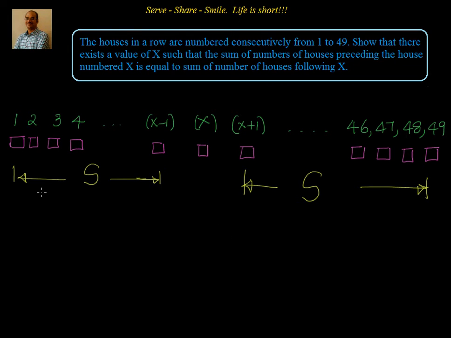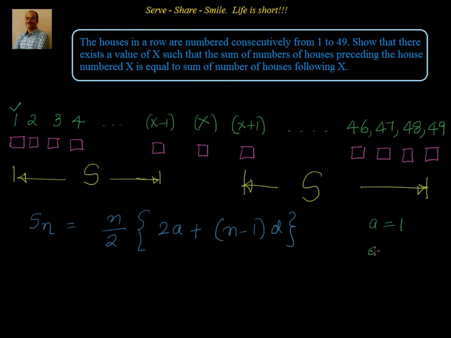Now we will use the arithmetic progression sum of n terms formula. The formula says that the sum of n terms in an arithmetic progression is given by n by 2 into 2a plus n minus 1 into d. In this particular case we know that the starting number a is equal to 1 because we are starting with 1, and the common difference d is also equal to 1 because 2 minus 1 is equal to 1.